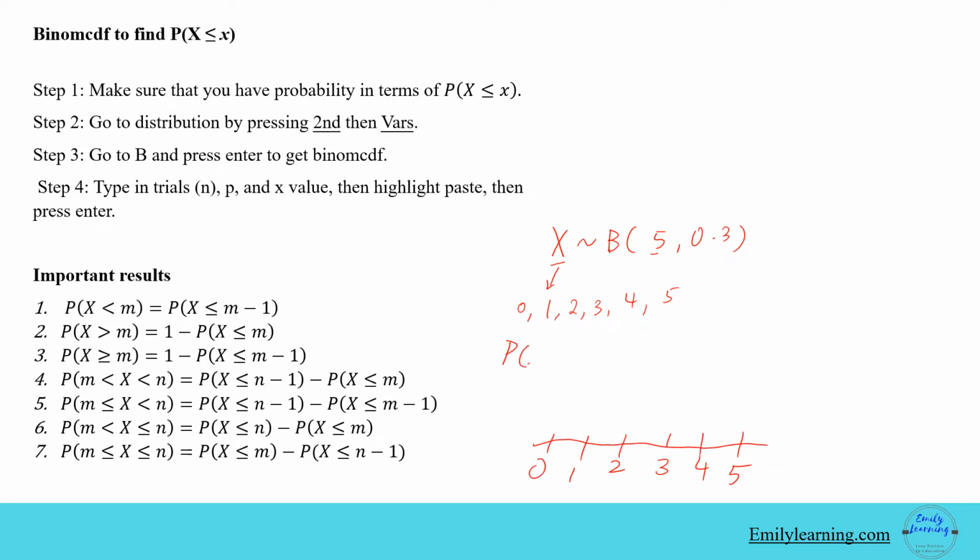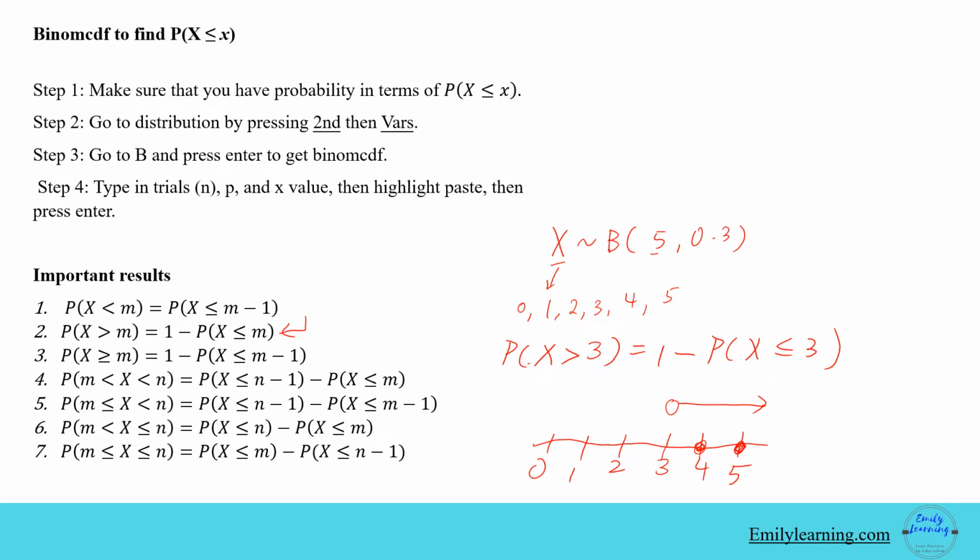Next, let's assume I'm interested in finding x greater than 3. So x greater than 3, it's here, right? If I use the formula, straight away you'll say 1 minus P of X lesser than or equals to 3. But I don't want you to memorize because there are so many possibilities to memorize, right? You have 1 to 7 or sometimes even more.